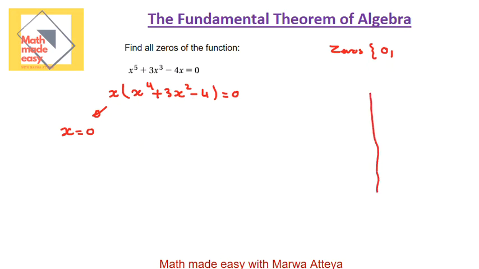Now, let's just remember what we know about quadratics. If this was a quadratic equation, just think of it that way. It would have been x squared plus 3x minus 4, right? If it was a quadratic, and you would have factored it, saying that I have x here and x here, and if the product is negative 4, then 4 and 1 would work, and I have a sum of positive 3.